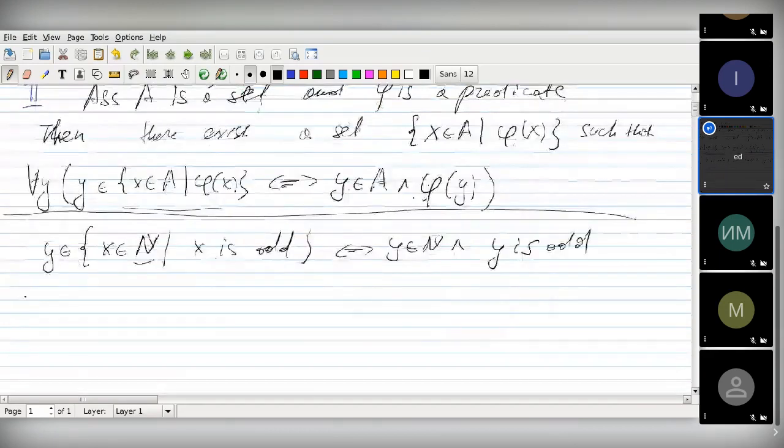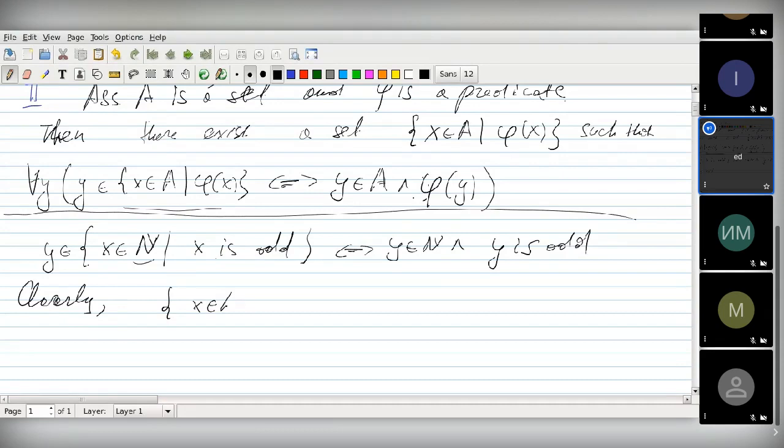So clearly, this set is always a subset of A. By the way, this very notation has its own proper name.